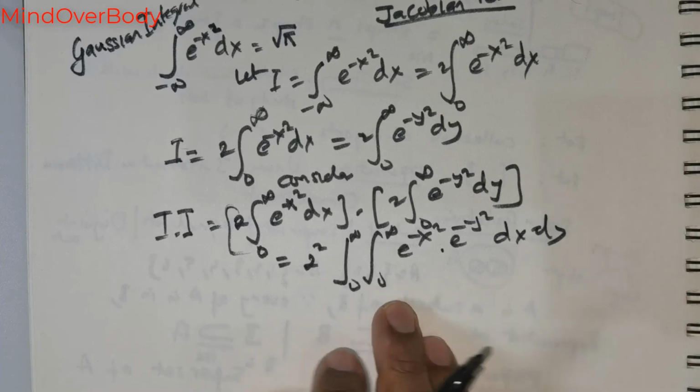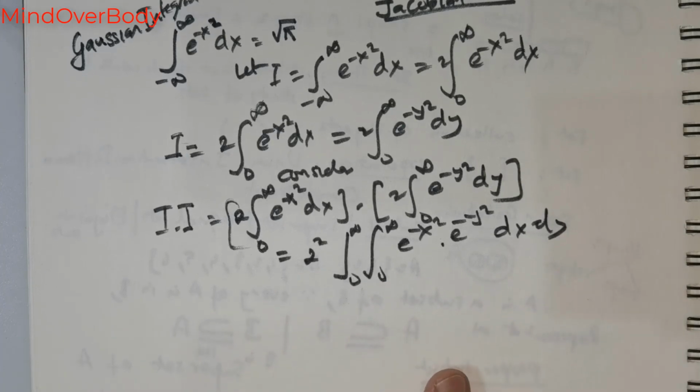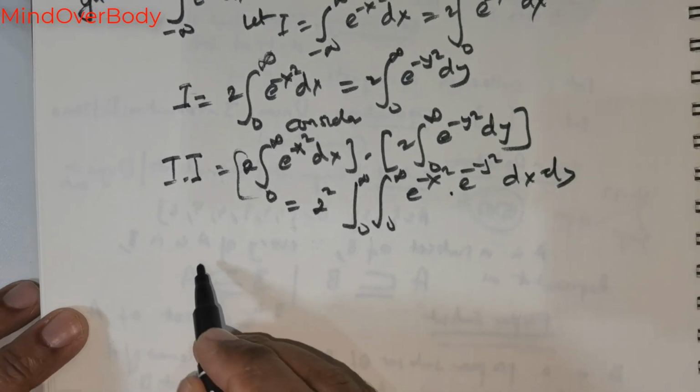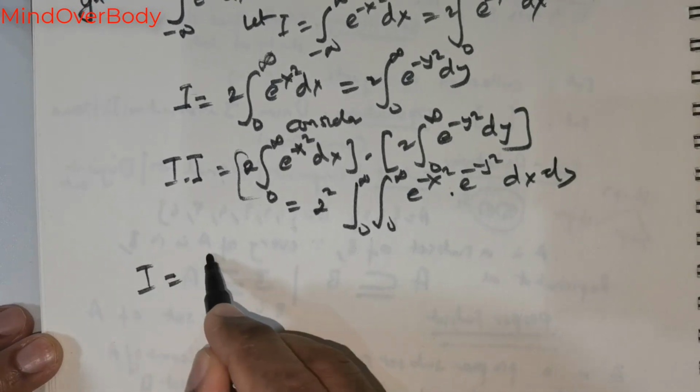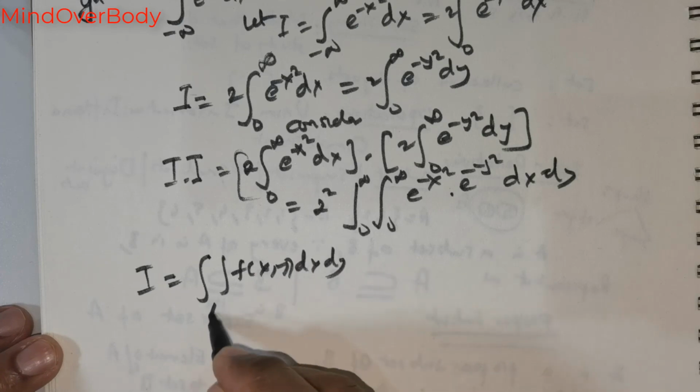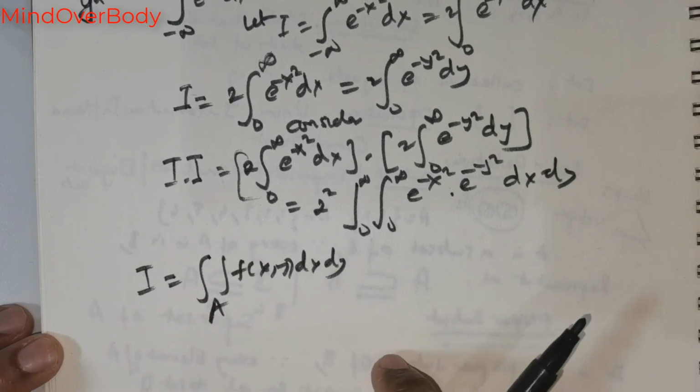Now I'm going to use the Jacobian technique. So a brief view of the Jacobian technique: what exactly is it? Suppose you are given an integral I equal to the double integral of f of x comma y times dx dy over some region.